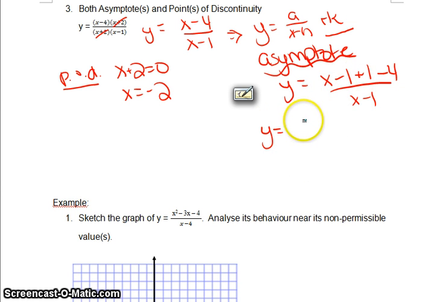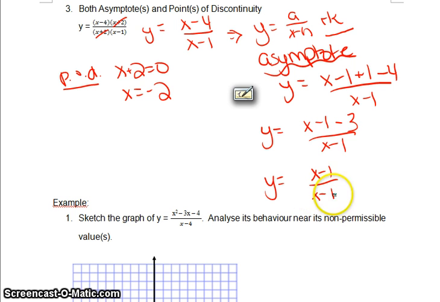Grouping those together, we have x minus 1, and 1 minus 4 is negative 3, over x minus 1. Breaking up that numerator, we have y is equal to x minus 1 over x minus 1 and negative 3 over x minus 1.